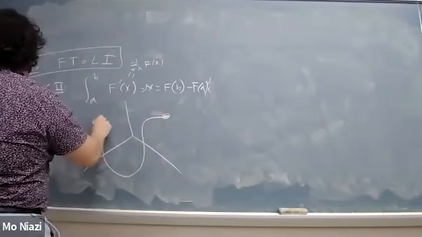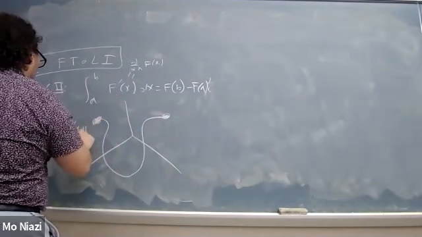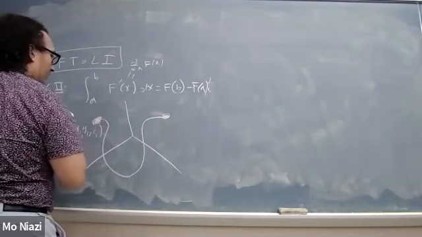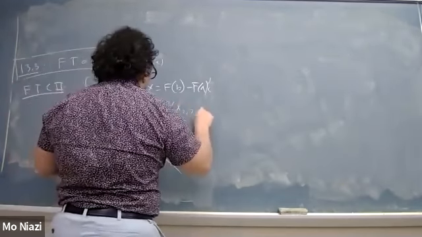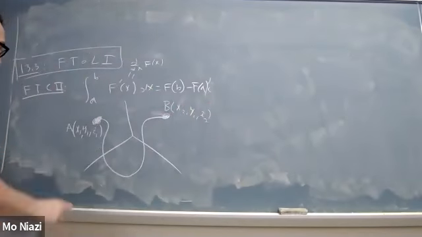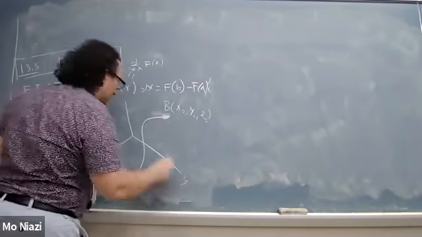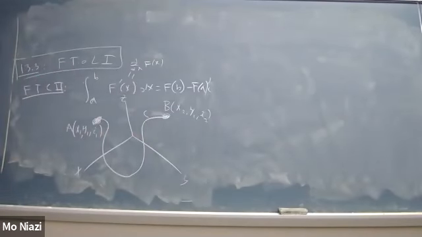Like so. Here's some A of x1, y1, z1, your first starting spot, and your B of some x2, y2, z2, your ending spot. And this is some three-dimensional curve, a space curve.